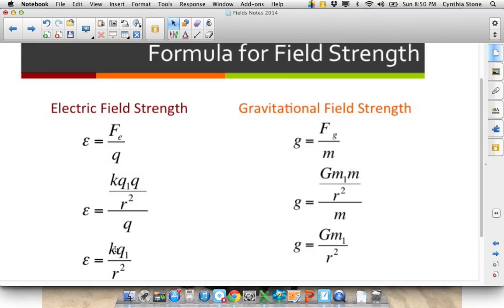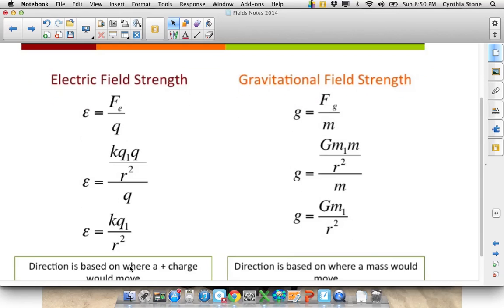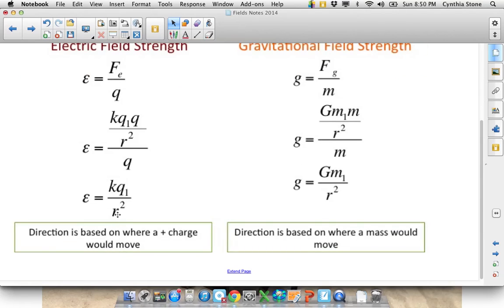The proportionality constant times the charge of the object creating the field, divided by the center to center distance squared. By that I mean from where you're measuring the field strength to the center of the charged object, just like measuring the gravitational field strength from where you are to the center of the Earth. And the direction is, again, where a positive charge would go. So you have to decide that. It's not part of the equation.